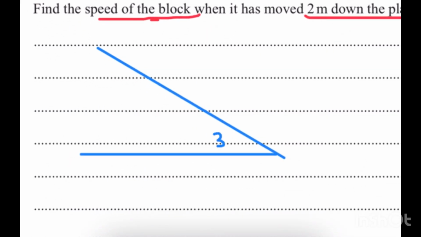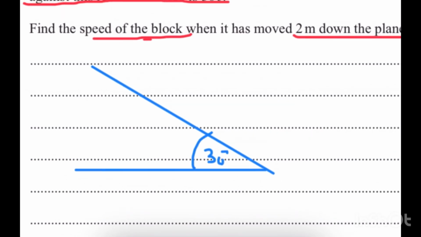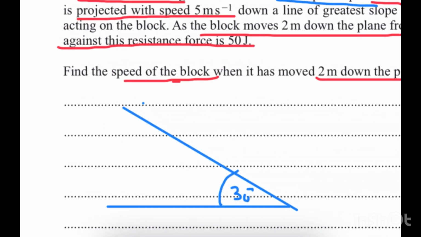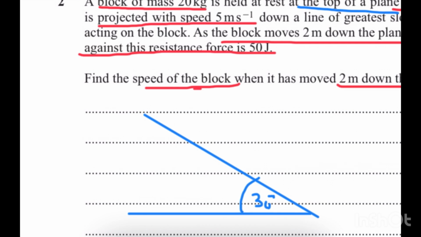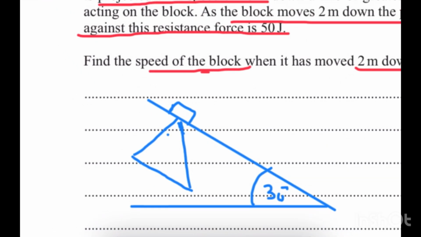So this angle is 30 degrees, and a block of mass is sitting at the top of the plane. This is over here. So it has a mass of 20 kg, which will make its weight 200 N. As you know, this line is parallel to the line of greatest slope, so that would make this angle over here also equal to 30 degrees.